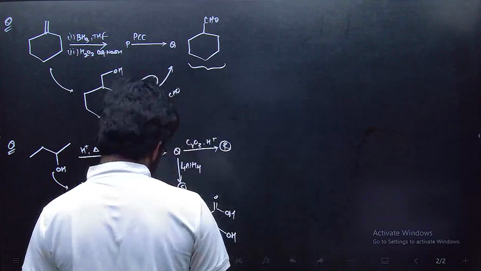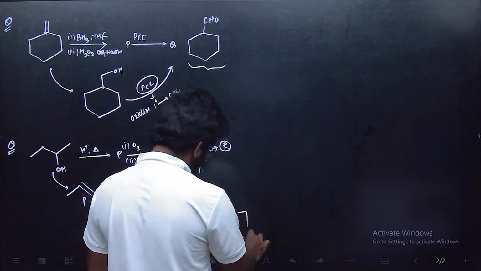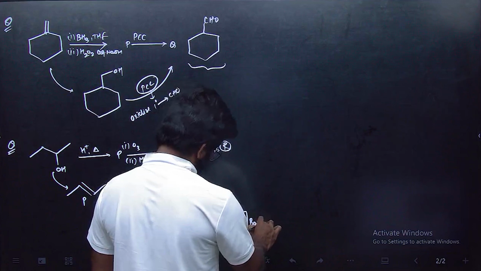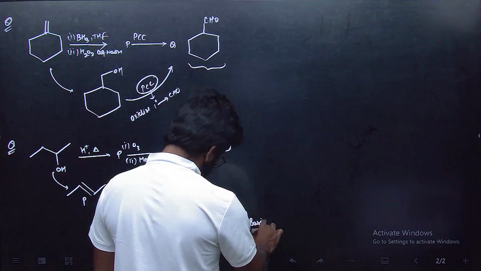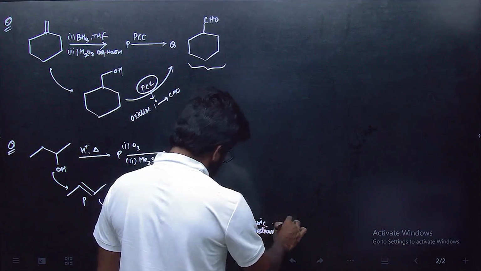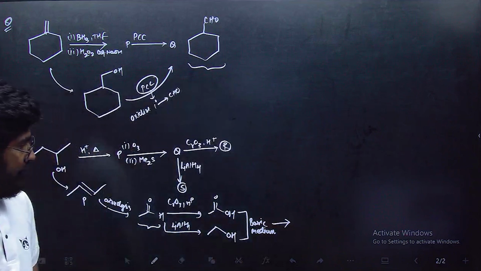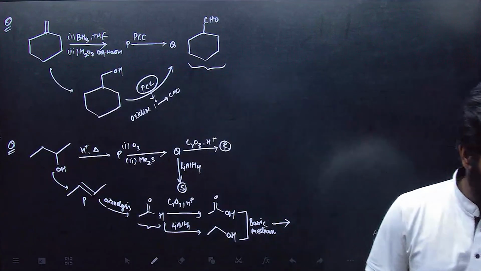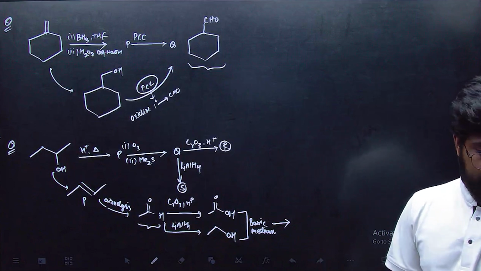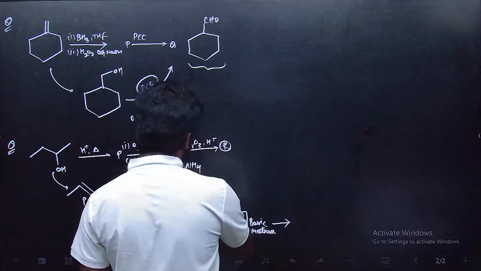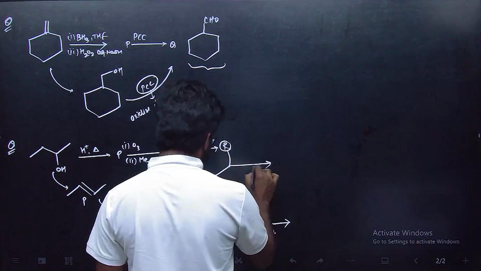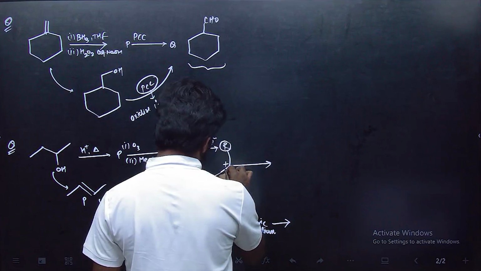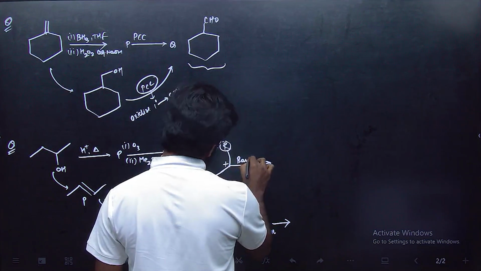And somehow, interestingly, if I reacted these two in, let's say, basic medium, can you comment on the product? Suppose these two react in basic medium. So what I am saying, that R and S react together, in basic or acidic, in both the medium it will be fine.